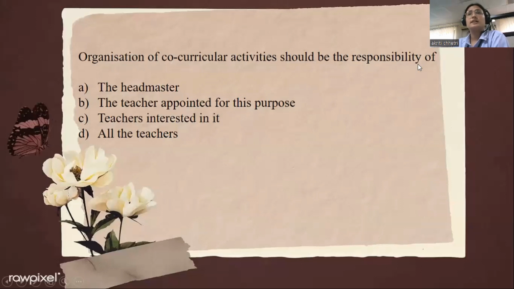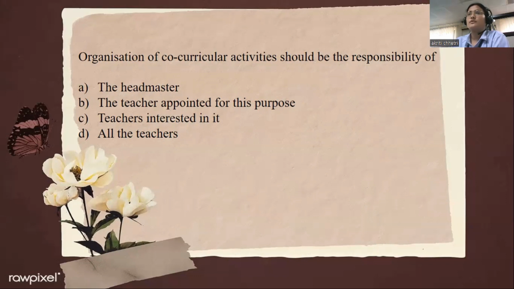Next question. Organization of co-curricular activities in the school should be the responsibility of the headmaster, the teacher appointed for this purpose, teachers interested in it, or all the teachers. The responsibility of a headmaster is also important.